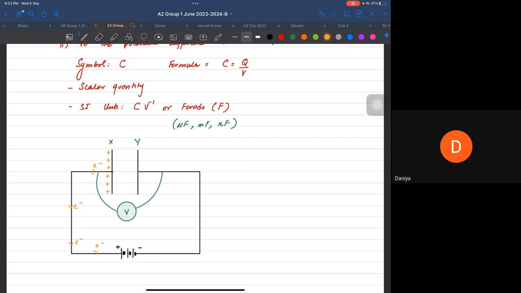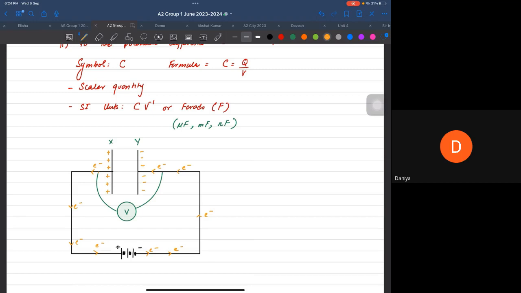Now, when a charge develops on X, to balance this, the negative terminal sends electrons towards the other plate like this, and the negative charge starts to gather on the other side. So if six charges have left X, six charges will enter Y. Do you guys get it? So what are we really doing?